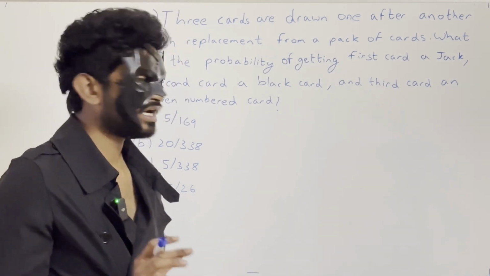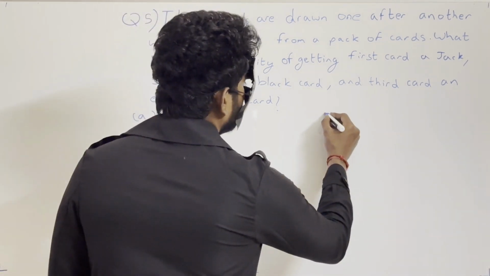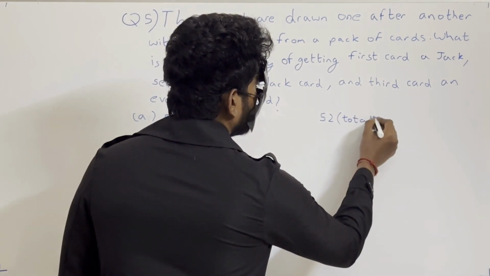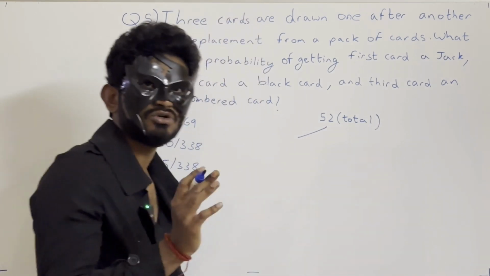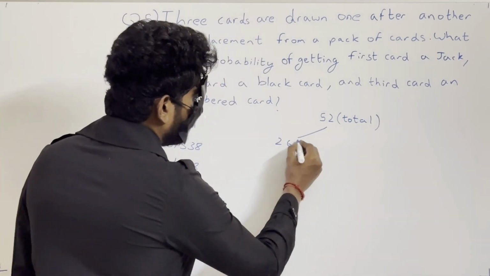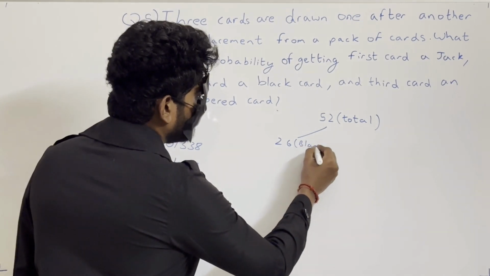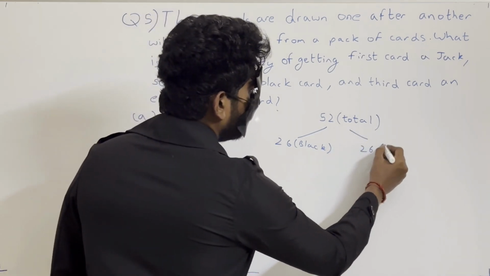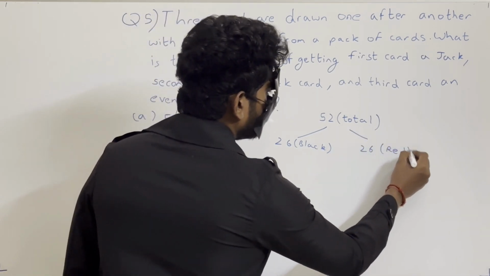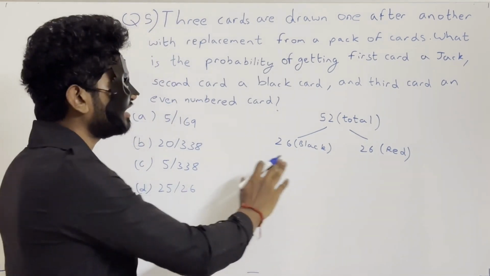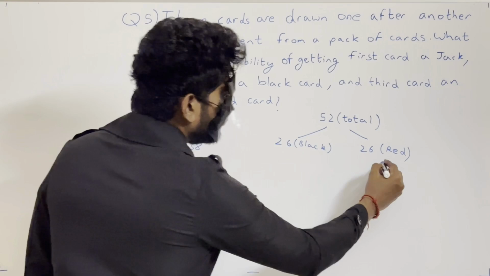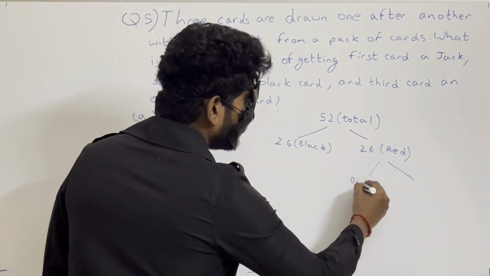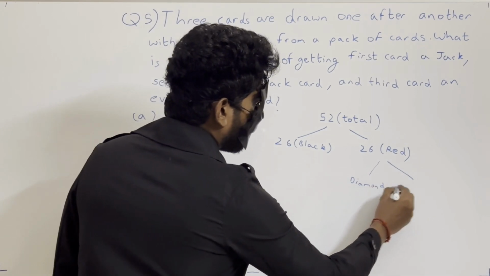Total number of cards in a pack will be 52. Out of these 52, 26 will be in black color and 26 will be in red. In the red color, you can again subdivide it into diamonds and hearts.